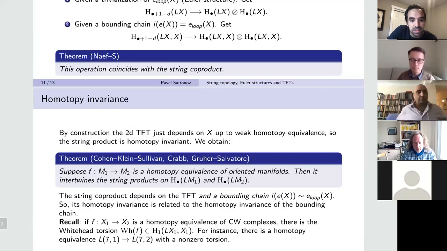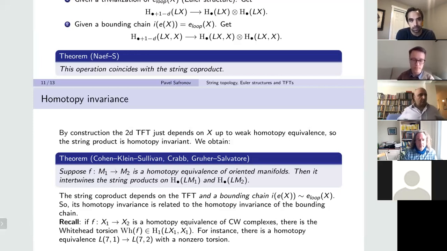Question: is this trivial if X1 and X2 are simply connected? Yeah, good. Indeed, this torsion and all questions about homotopy-invariance are about the non-simply connected case. Wall's finiteness obstruction depends on the fundamental group.